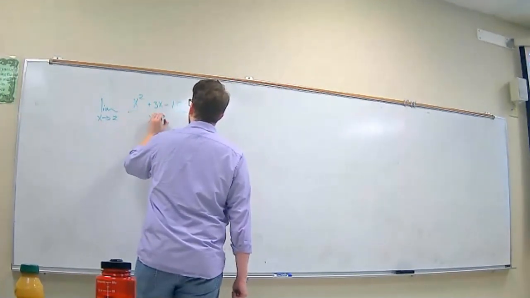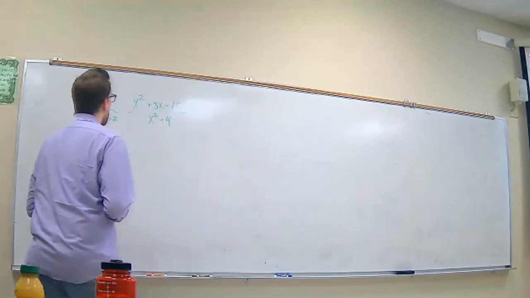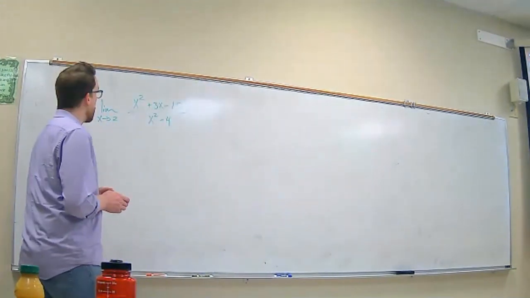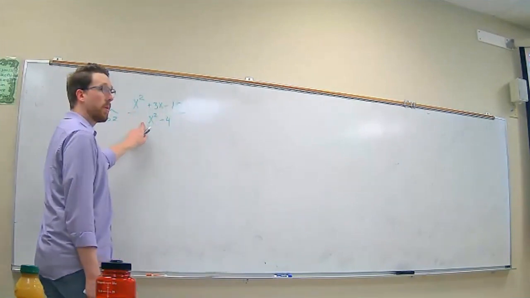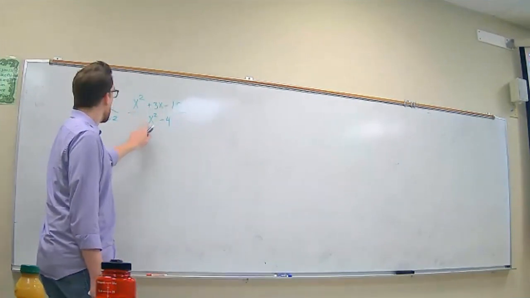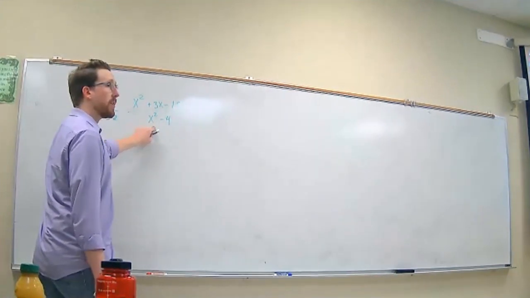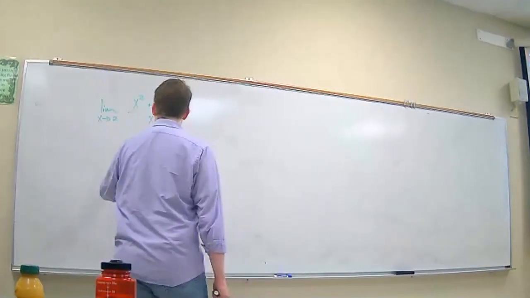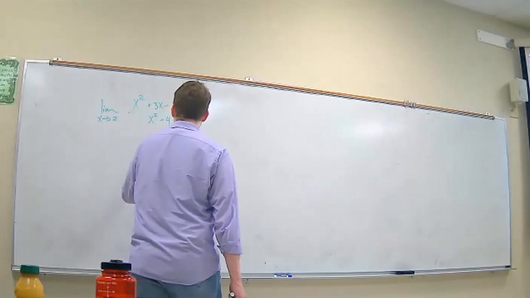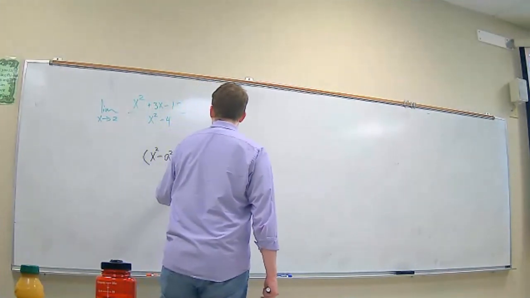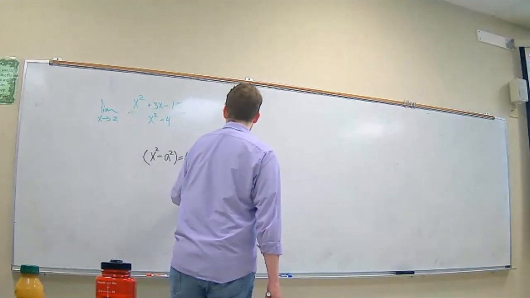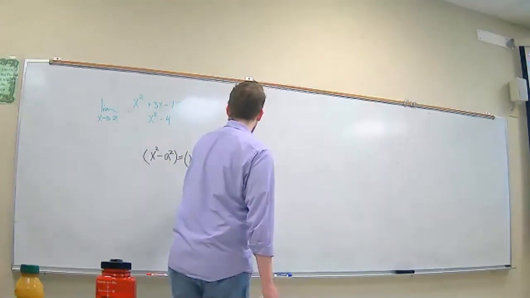So then don't you find the like terms for the top and bottom? Well, first thing you want to do is factor both terms, right? This bottom one is nice because we can use that idea. x squared minus a squared is equal to x minus a, that quantity times x plus a, right?